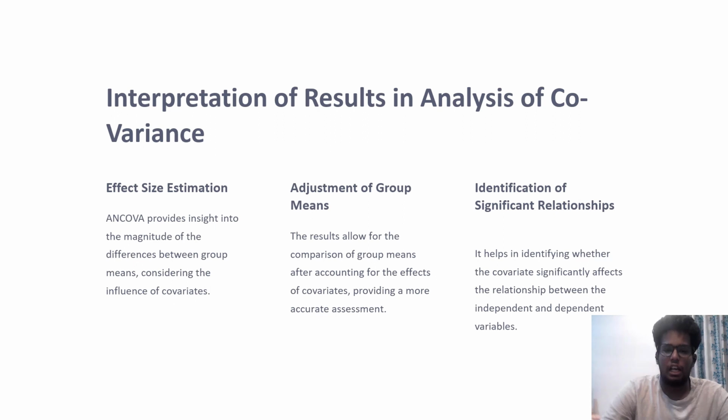This allows for the comparison of group means after accounting for the effects of covariates, providing a more accurate assessment. Third is the identification of significant relationships. It helps in identifying whether the covariates significantly affect the relation between the independent and the dependent variables.